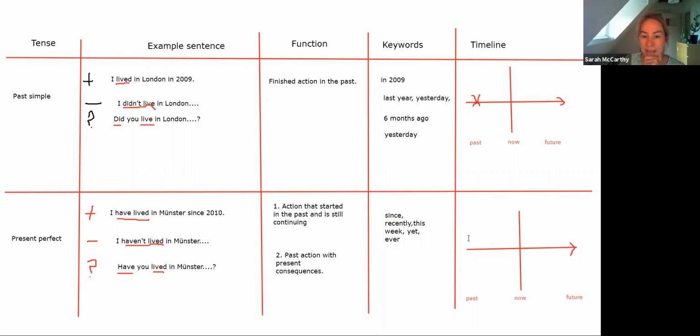So I'll just explain the timeline here. So the timeline for present perfect, so we have a past action, X in the past, that has some kind of link to now. So it's either still true, still continuing, or it has consequences now.